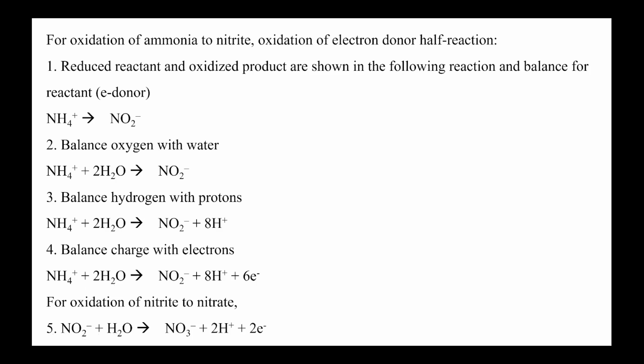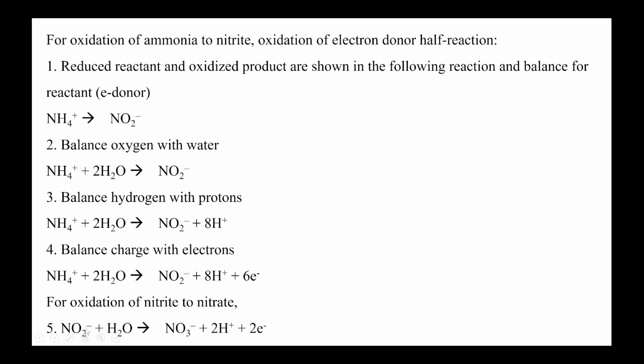Now, what is the second step? The second step is the conversion of nitrite to nitrate, so NO2 minus goes to NO3 minus. Again, we'll balance the oxygen first. We have 2 oxygen on this side and 3 oxygen on this side, so we'll add a water molecule for adding 1 extra oxygen. Then we'll balance the hydrogen. We have 2 hydrogen, so we'll add 2 protons here.